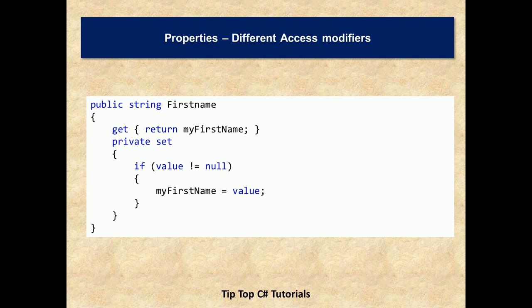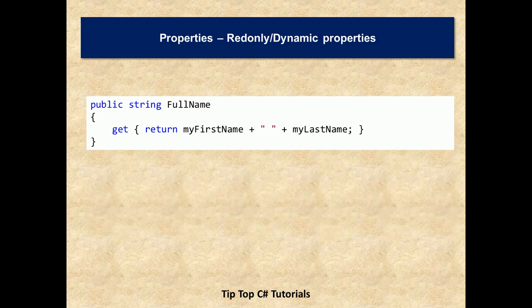Different access modifiers, where you can see that get is public and set is private. Properties can be read-only or dynamic as well, where you dynamically calculate every time. Now here the user wants to have full name. You can have full name as first name and space last name, because every time it is calculated. If first name and last name change, the full name will also change.